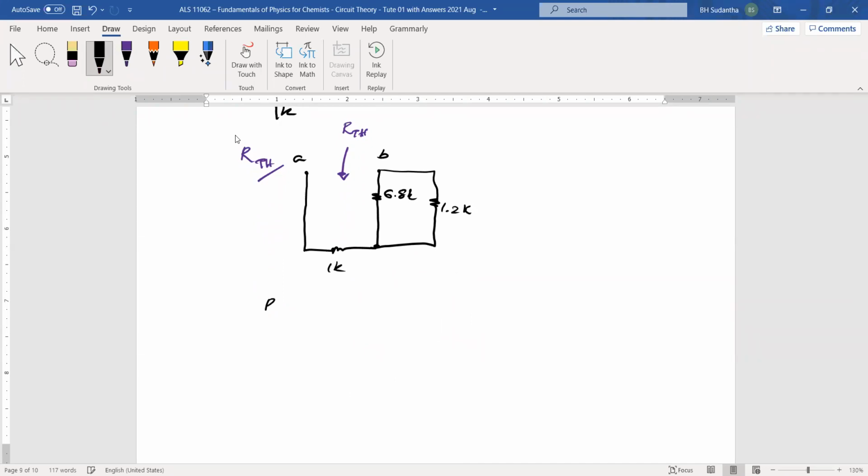Actually, RTH equals 1K plus 6.8K in parallel with 1.2K.